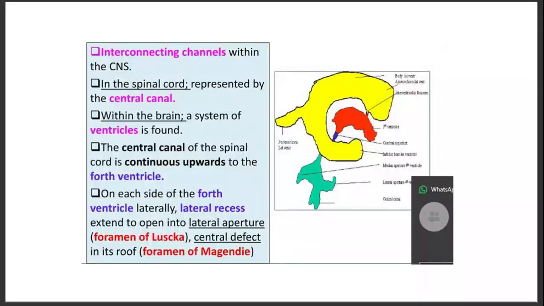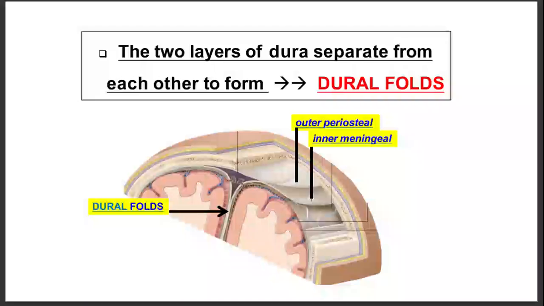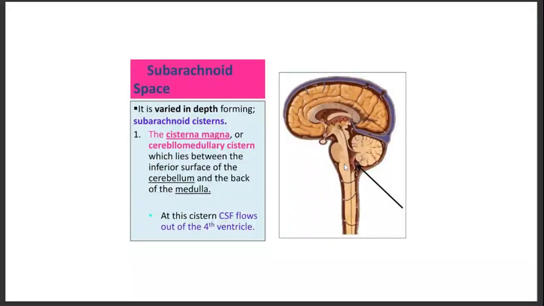You also have interconnecting channels within the central nervous system. In the spinal cord, you are going to have the central canal. The central canal is a space. Within the brain, you have the ventricles. So the way you move when you look at these openings in the brain is you start from the lateral ventricles in the cerebrum, you go to the third ventricle, then the fourth ventricle.